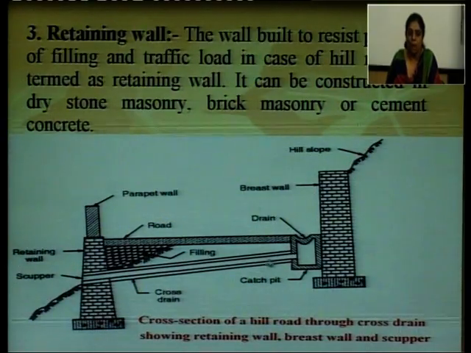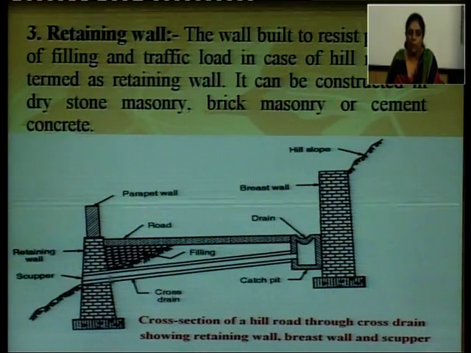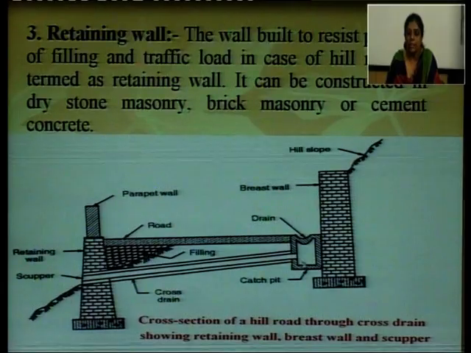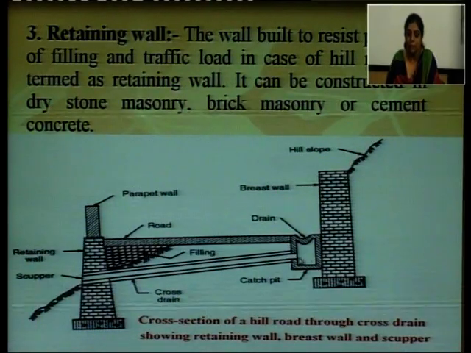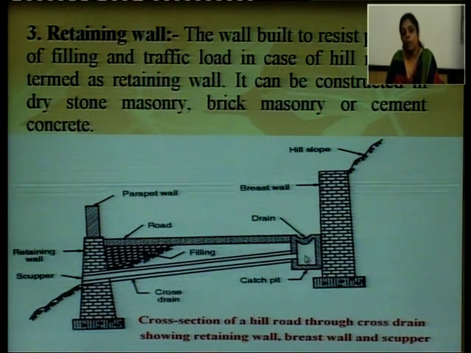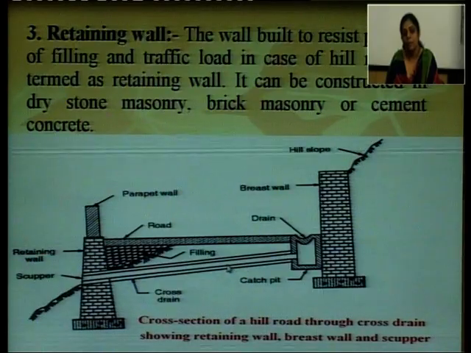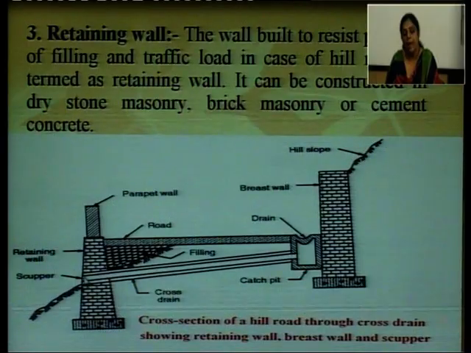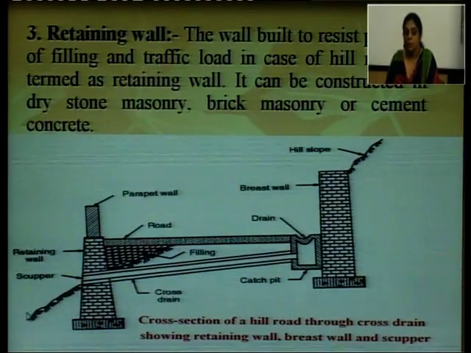So, this part of the drainage work is called scupper. This is an under surface drainage system. The water is taken from this catch pit through this arrangement which is called scupper, and then water goes out of this scupper to this slope and flows down.